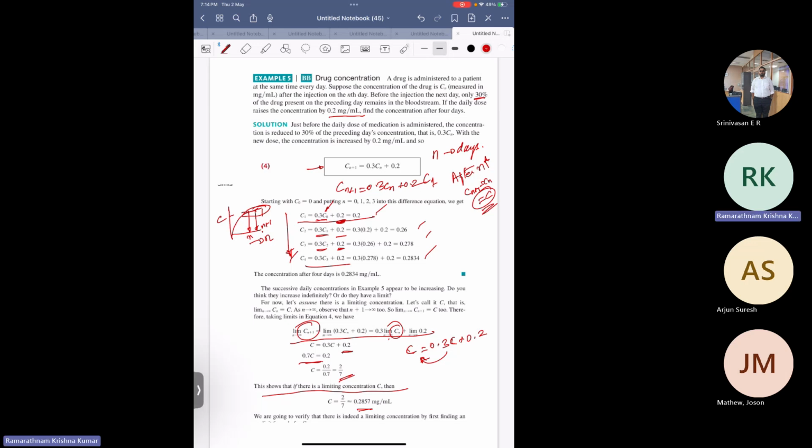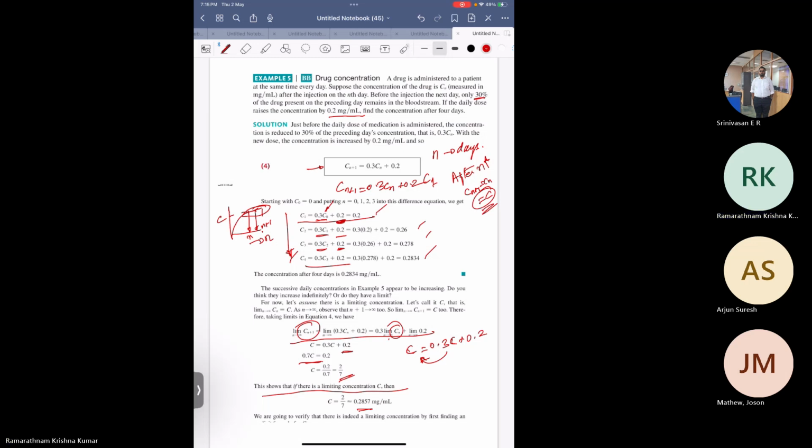Usually you would have thought that if I keep on giving an injection every day, 30% remains, so you keep on going up, there won't be any tapering off. You have not done this before, so you will be thinking there will be an overdose, and the concentration in the bloodstream will keep on increasing. But look at the maths. It shows that it won't increase.